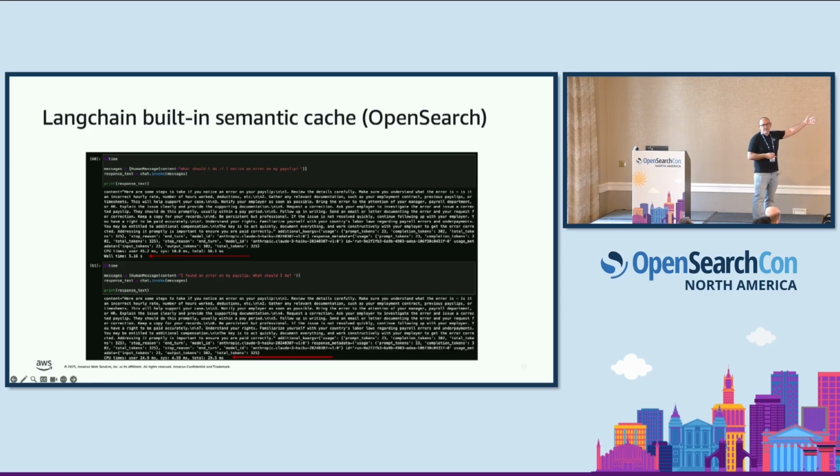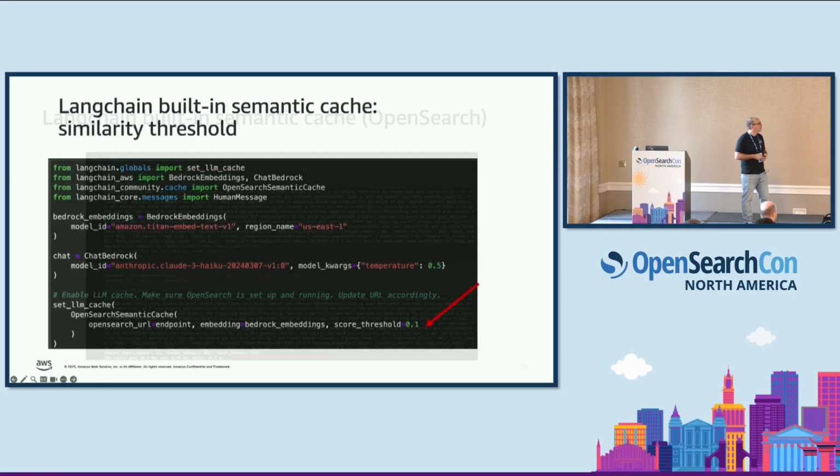And by the way, you can download this presentation from the site of the conference, where we have links to all different types of source code, so you can have a look there. Again, in this case, where we're asking the same question but with different wording, initially we get a 5-second response versus a 29 milliseconds response with the OpenSearch implementation.